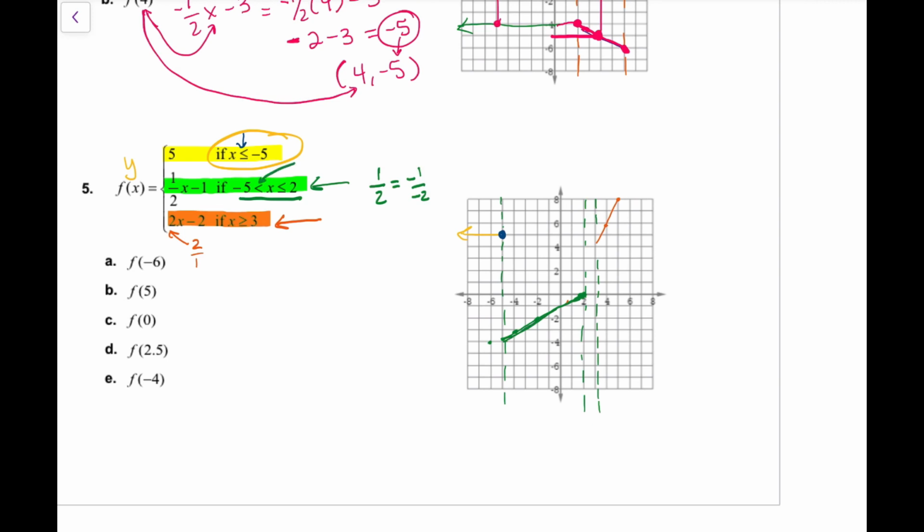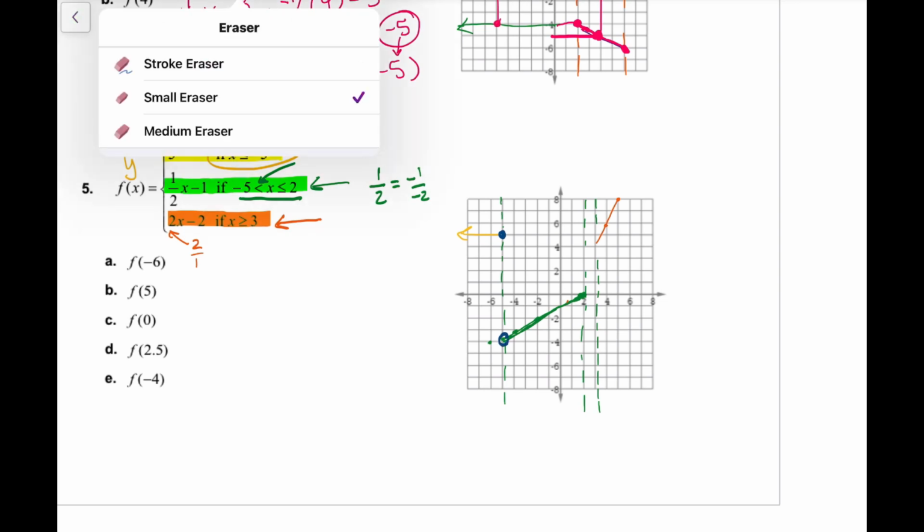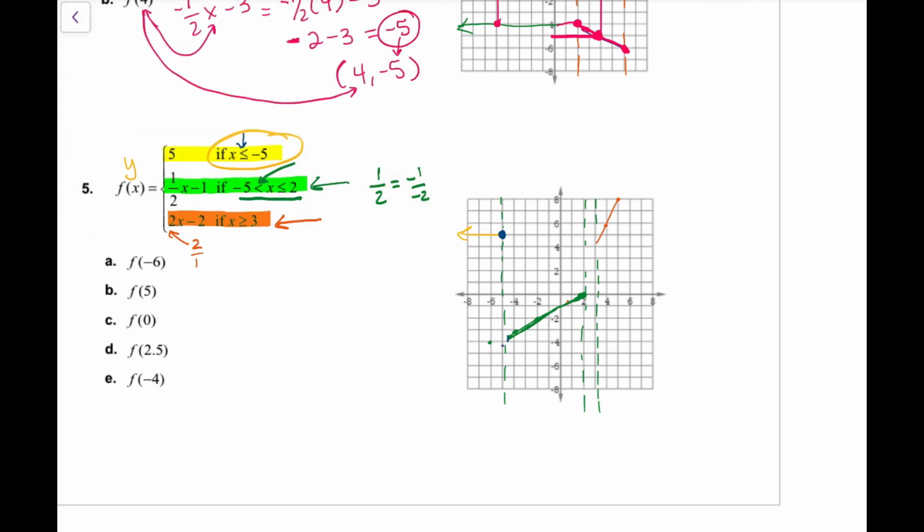On the left side, I have a less than sign. It's not equal to. So I'm just going to erase a little more on that. It's going to be an open circle right there. On the right-hand side, at 2, it's an equal sign there. So it's going to be a closed circle.